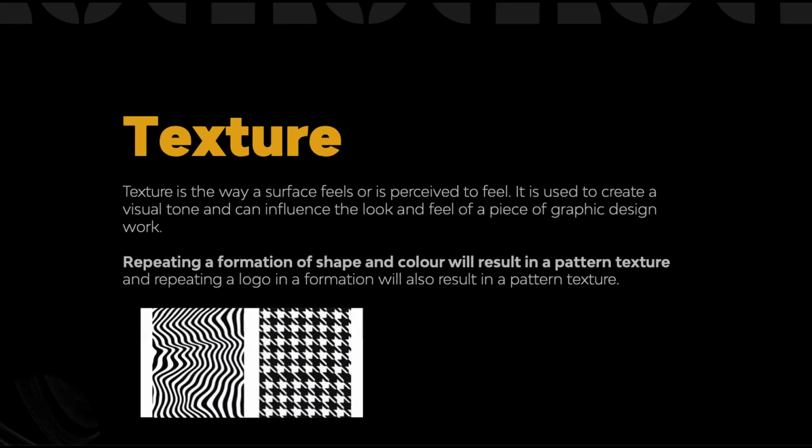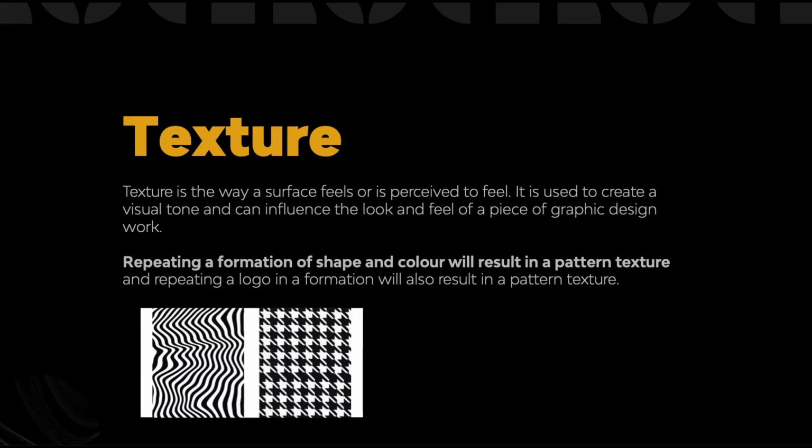So we have texture too. Think of texture on your material. Think of pattern on your material. Think of how we can implement this texture on design and give us something unique. Texture is used to create a visual tone that can influence the look and feel of a piece. I can have a grunge texture that gives depth to my design.